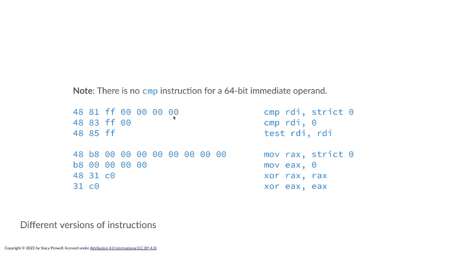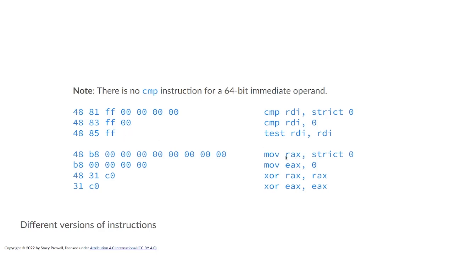Why? Because it turns out there is no version of compare that works that way. Interesting, huh? So here's a compare of RDI and 0. By default, it's going to give us this, which is shorter. What about test RDI with itself? It's even shorter. What that means is we can fill more pipelines, more things can run in parallel, the whole thing can run faster.